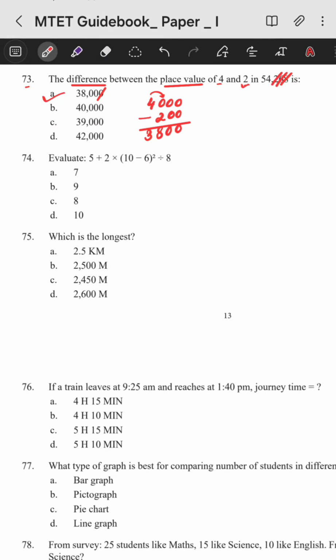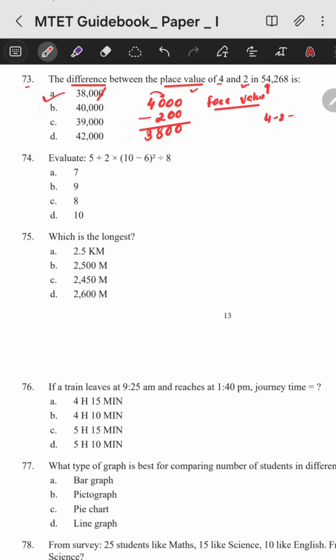But sometimes in the exam, in place of place value, they give you face value. Both are different. Place value and face value are different. If they ask in the same question to find the difference between the face value of 4 and 2, then the face value of 4 is exactly 4, and the face value of 2 is exactly 2.